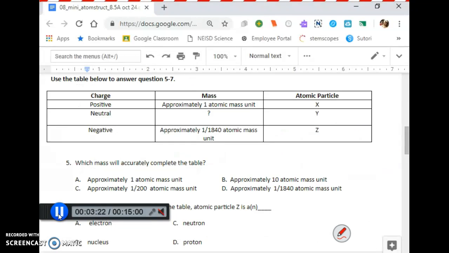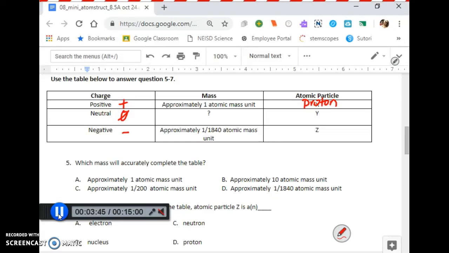Okay, use the table to answer questions 5 through 7. The table has a column with charge on it. We've got positive charge, neutral charge, and negative charge. The masses, approximately 1 AMU. We already know that our positively charged particle with 1 AMU has to be our proton. The only one that is positive and 1 AMU is a proton.